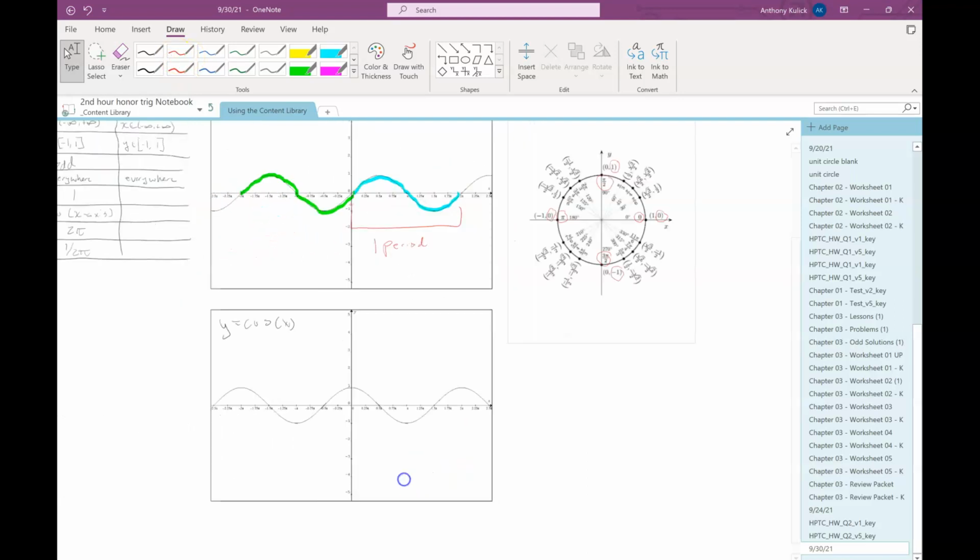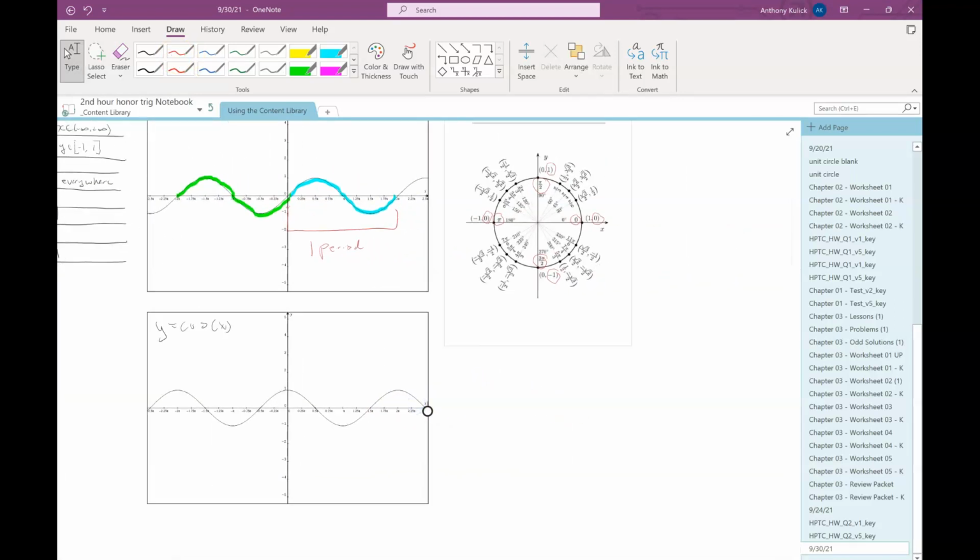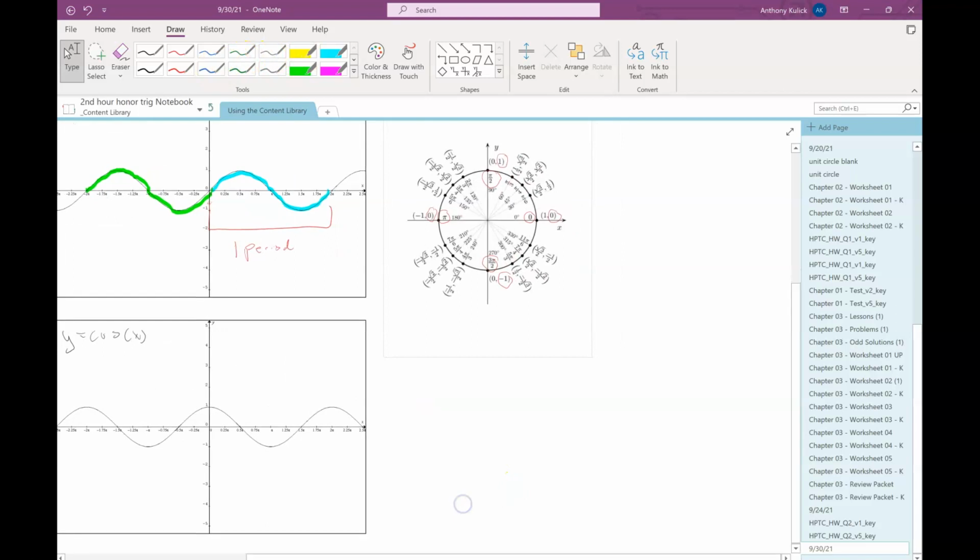Again, if I'm plotting this time, instead of looking at the y-coordinates, I'm looking at the x's. So I'd plot (0, 1), then (pi over 2, 0), then (pi, -1), then (3 pi over 2, 0), etc. Everybody's cool with how the unit circle is still just giving me the points to plot for cosine?